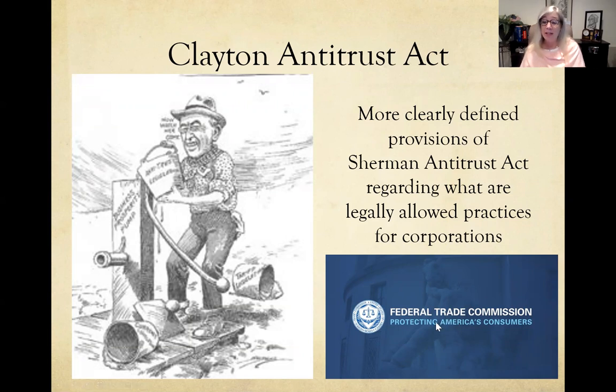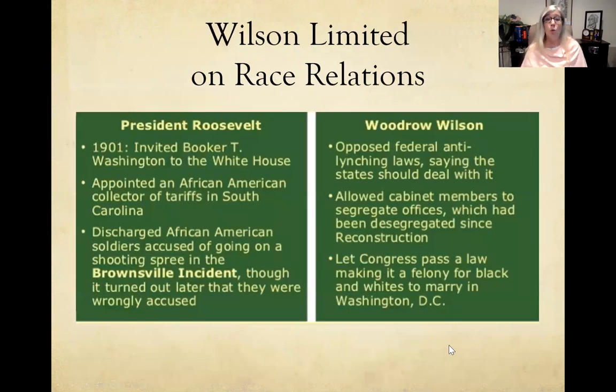And to oversee this is the Federal Trade Commission. So today, if you have a company that is engaging in selling stocks, the Federal Trade Commission is monitoring what those companies are doing.